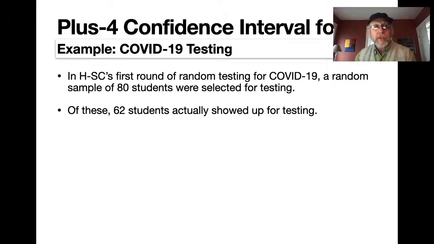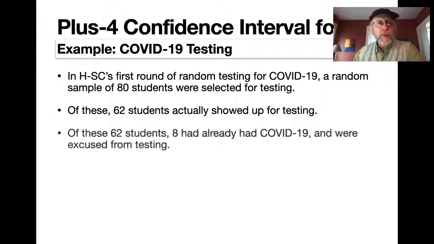A number of considerations would lead us to believe that the students who elected not to show up for testing might be students who are actually at higher risk for having the disease. And that would indicate that the results that we're about to get might be lowballing the infection rates on campus. But anyway, it's the data we have. We have to live with it.